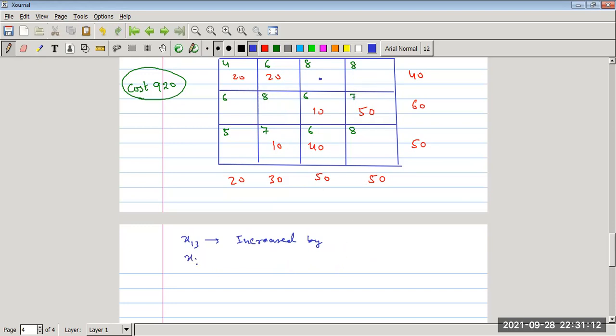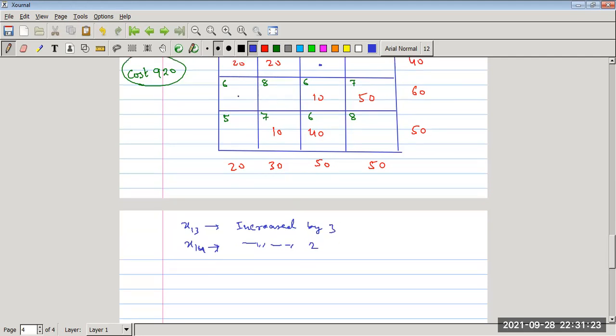So X14 is also increased by 2. Now you have to check each and every point. So X21, if we allocate in this point, it is increased by 1.